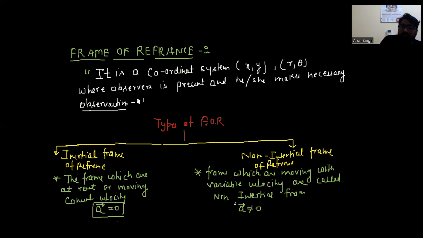Any kind of frame of reference which has some kind of acceleration, then you decide this will be a non-inertial frame. So in this universe everybody is moving, so they are all non-inertial frames.